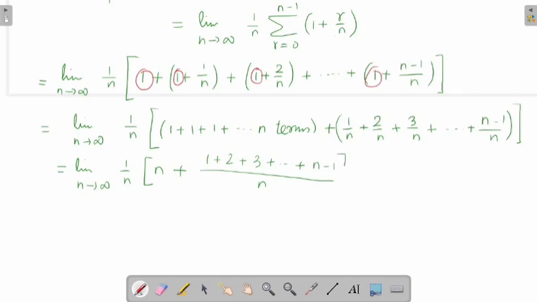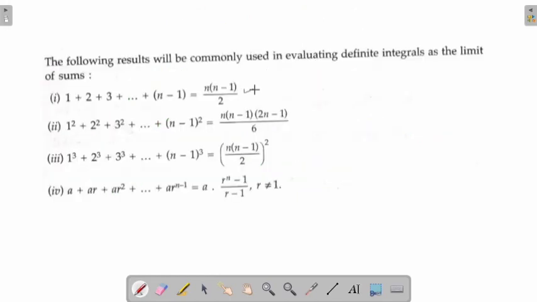Now look at this numerator. Can I apply this formula? Yes, we can apply this formula here. In place of 1 plus 2 plus 3 till n minus 1, we can write n into (n minus 1) divided by 2.